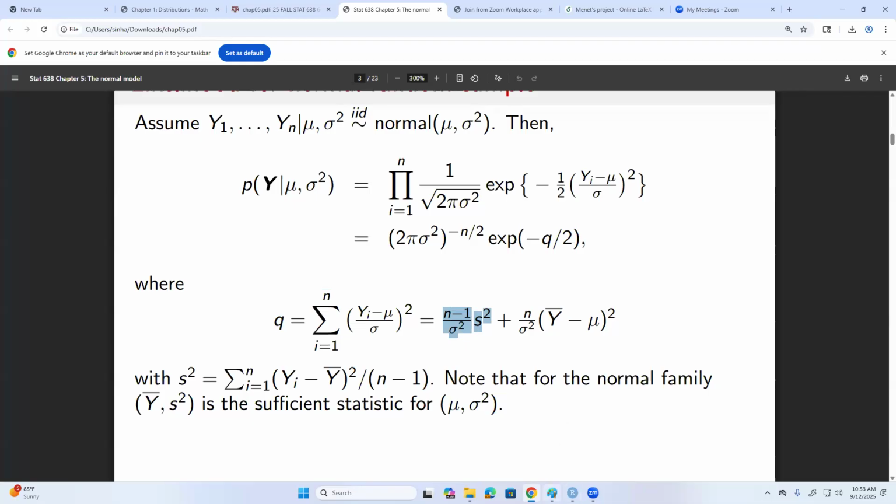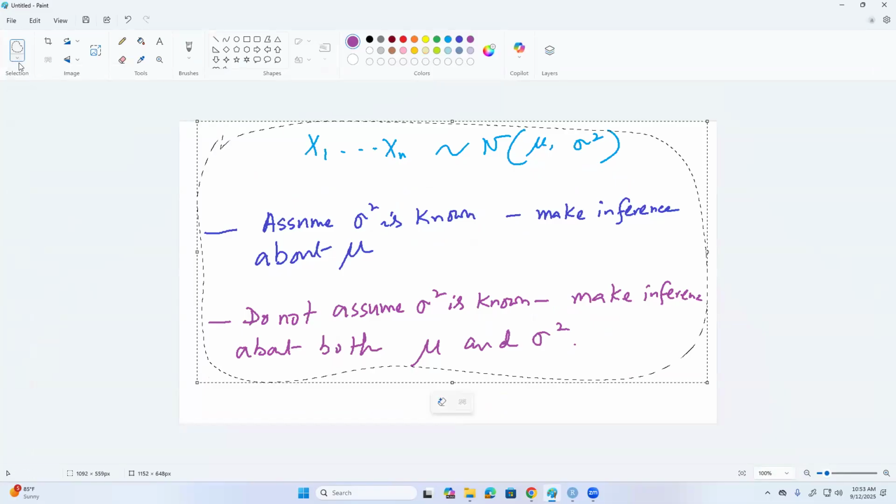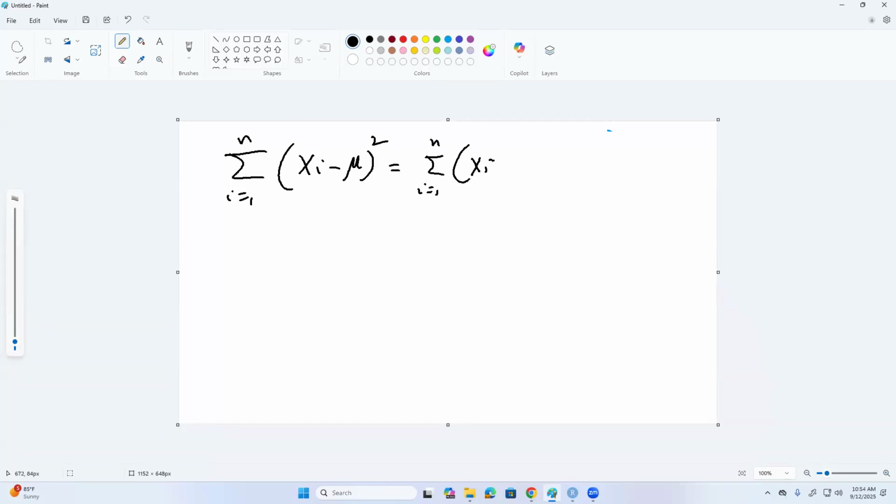How? This is a little bit of calculation. So this one, we have xi minus mu squared. I can write it as xi minus x bar plus x bar minus mu squared, added and subtracted. This is the a plus b squared formula.